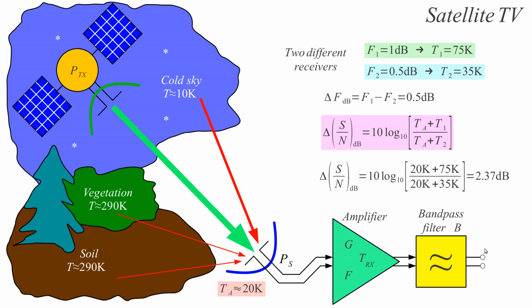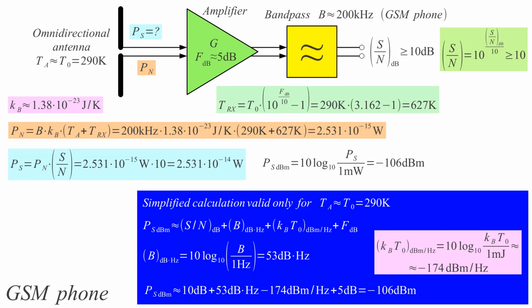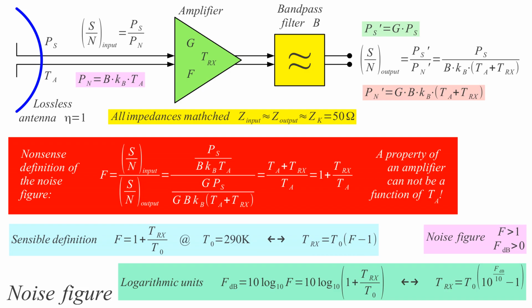Okay, this is one possibility when we have satellite reception. So artificial satellite communications immediately made this definition of the noise figure stupid or obsolete. But because this thing was quite popular, people resorted to these sensible definitions, knowing what they were doing.